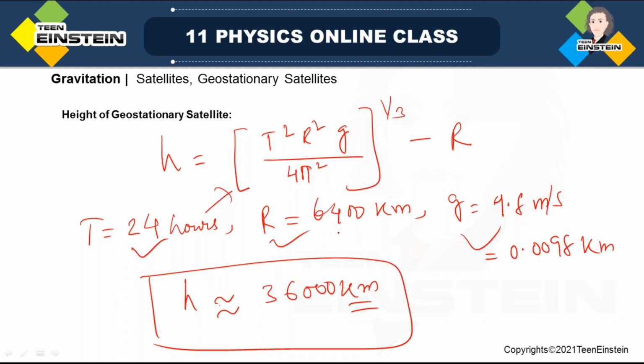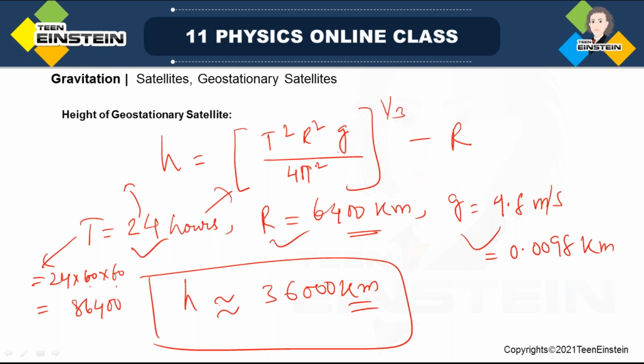So let us put g as 0.0098 kilometer per second squared. This we have already in kilometers. We have to put the time in seconds. So 24 hours is 24 into 60 into 60, that is hours to seconds. If we multiply that, T will be 86400.